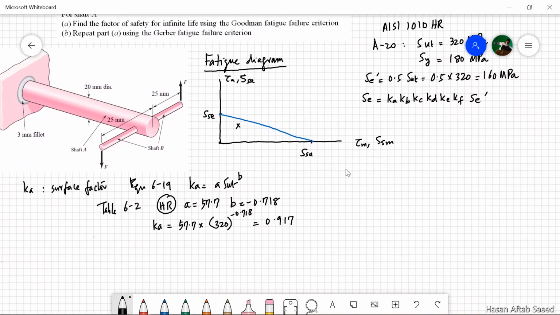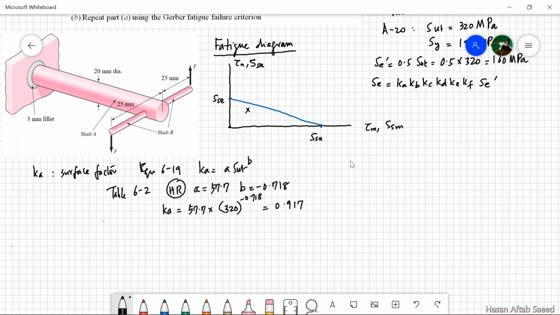Now let's take up the second one, that is Kb. Kb happens to be, again, very familiar for you, size factor. Here we make corrections for the size, and if the cross section is anything other than the circular cross section that is used for the rotating beam experiment. Now in this case, obviously the section is the same circular section, so that is not the problem.